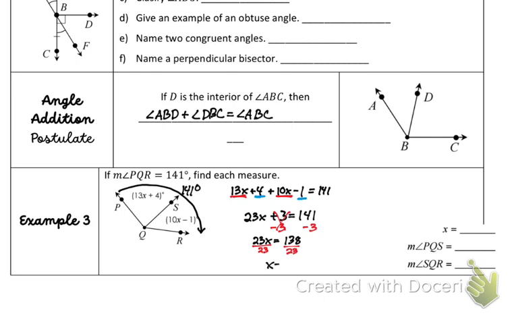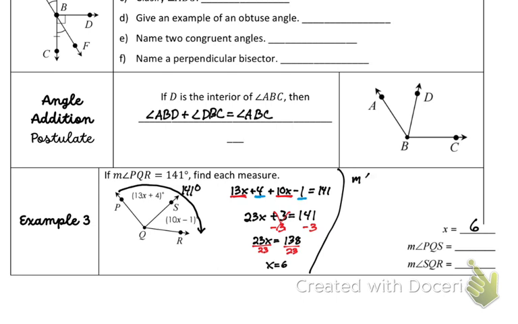Now note I didn't ask for just x equals 6. I said we need to also find PQS and SQR. Well, PQS is that 13x plus 4. So we just need to take that 6 and plug it into that x for that 13x. So if I need to find PQS, I could just go, oh, you know what?